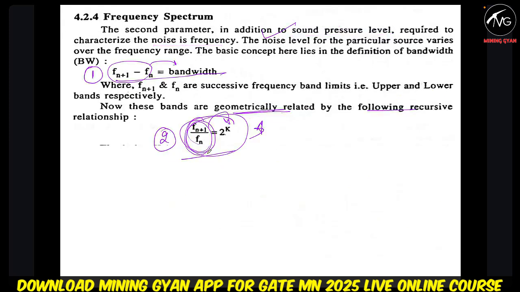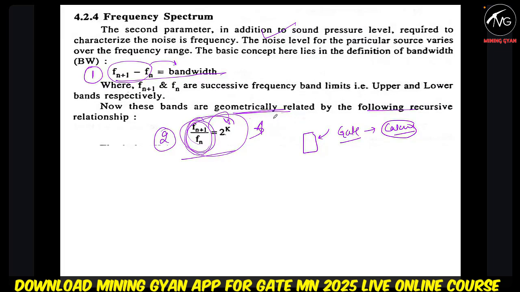I will also give you a hint. Generally in GATE they ask typical questions because they provide the calculator. So if in the examination they do not provide the calculator, then you just remember the formula.